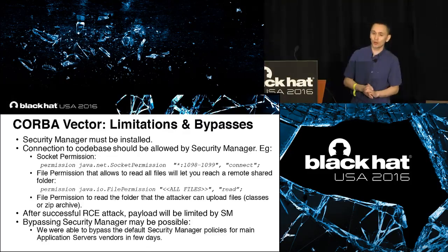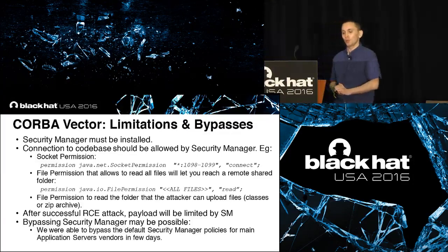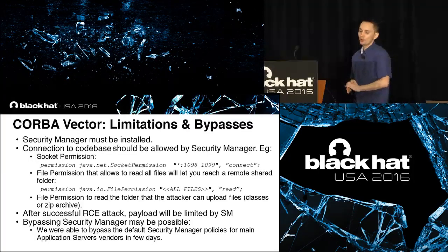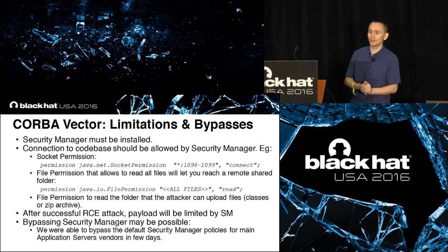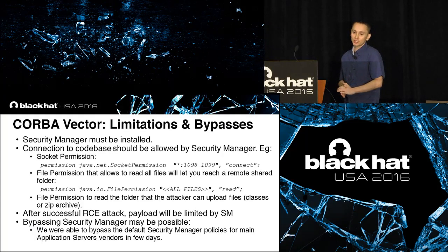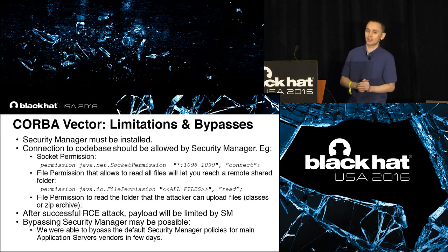After a few days of our research, we were able to get AllPermission in all our application servers. We have reported all these findings to the vendors, but unfortunately, these issues are not fixed yet, and we are not able to disclose either the names of these application servers or details of how we achieved that.